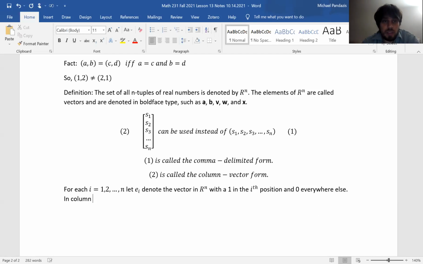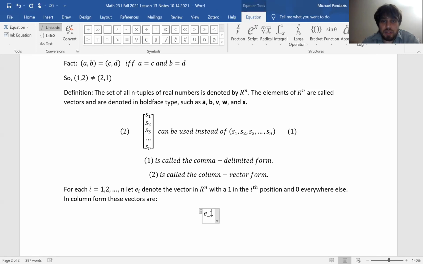In column form, these vectors are, for instance, e1 would be the column vector in which there is a 1 in the first position and 0 everywhere else.